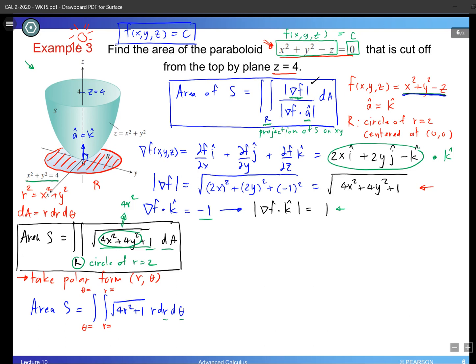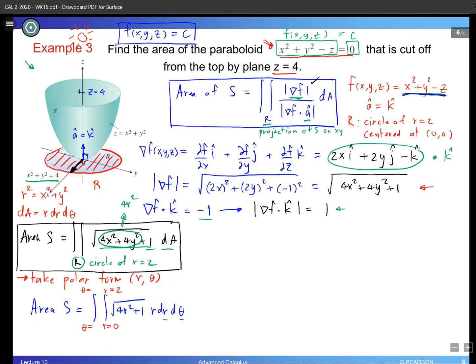So first of all, we are going to sweep the radius, and as you can see here, this is a full circle, whole area, which means that we have to sweep starting from the origin outside to the circle of radius 2, the circumference of that. This is the sweeping of the radius starting at r equal to 0 at the origin, and ends at the circle of radius 2, which means that r ends at 2 as well.